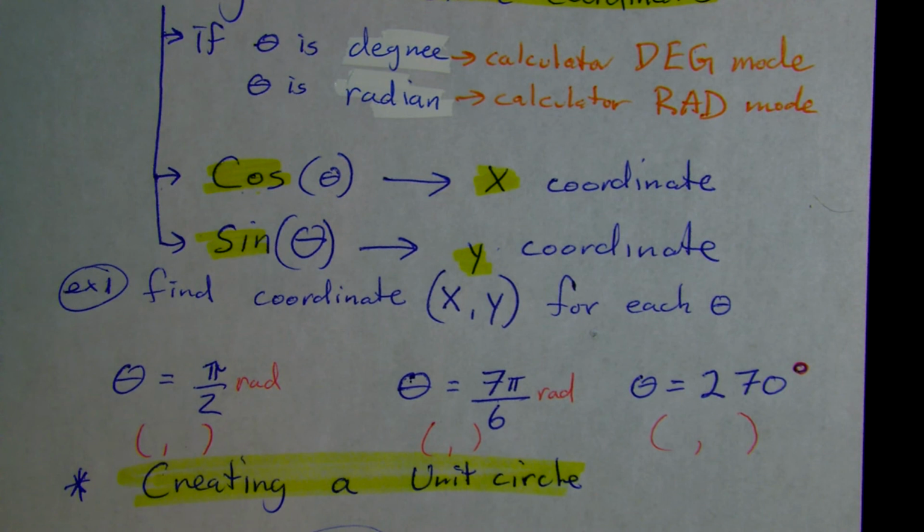So what is sine of pi over 2? Oh, that's why. Make sure you're in radian mode if you're not. Okay, pi over 2 should be there.